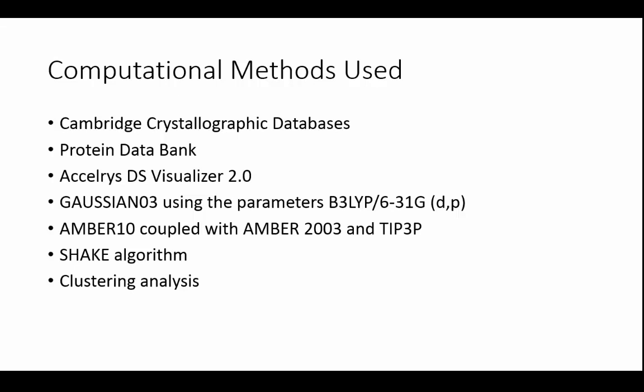Gaussian 03 was used to optimize the structures using the B3LYP calculation with a basis set of 6-31G(d,p).